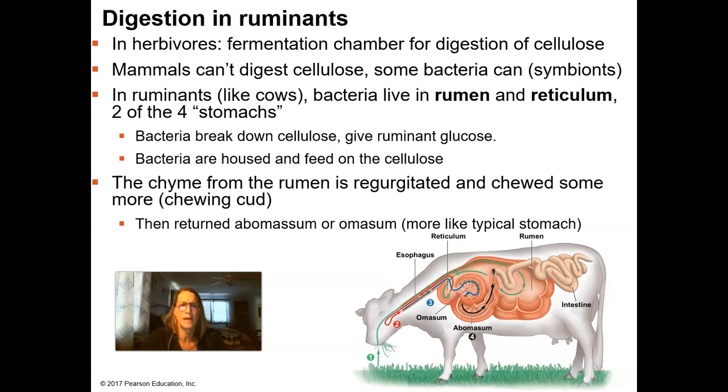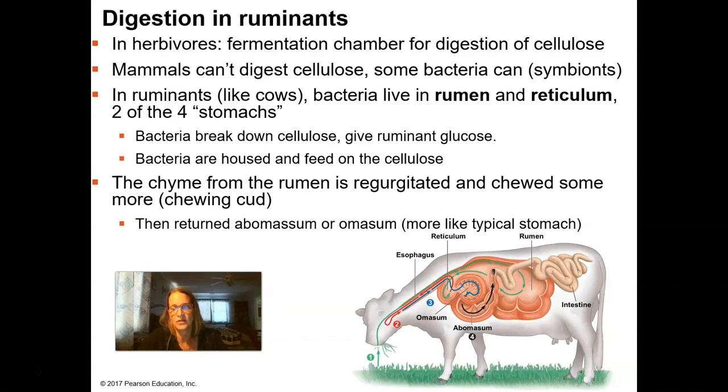So as we talked about, mammals can't really digest cellulose at all, and so they require these bacteria to help them do that. And in many cases, the bacteria are sort of hanging out in different sections of their digestive tract, which allows them to break through the cellulose so that the animals can get some nutrients from it.